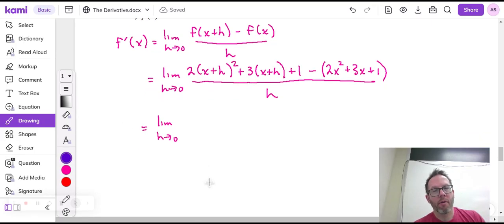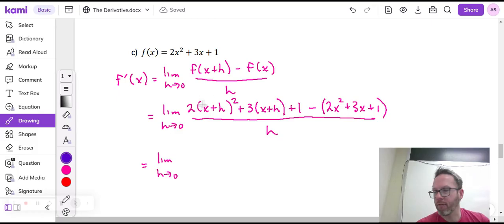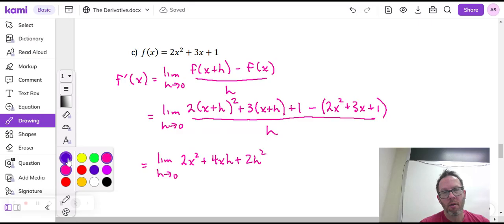All right. So I'm gonna flex my math muscle here because I don't want to run out of space. So I'm gonna do x plus h squared, and then just double those terms. So that'd be 2x squared plus 2xh times 2, 4xh. And then h squared times 2 is 2h squared. And then I'll distribute the 3.